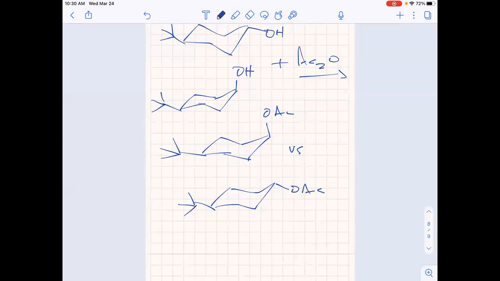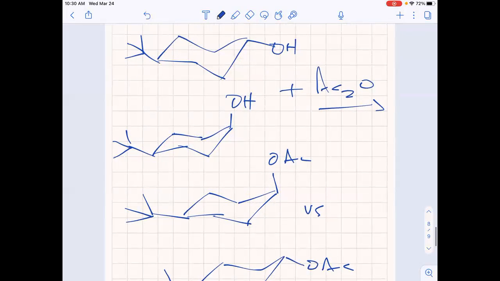Right. So the actual reaction here, we know that the hydroxyl group has an A value of somewhere around 0.7 kilocalories per mole, right? And so the axial, with the OH being axial, and remember when we talked about the A values, we talked about what that means.